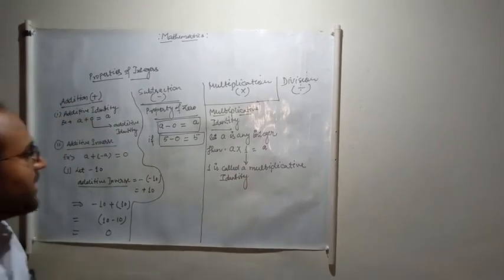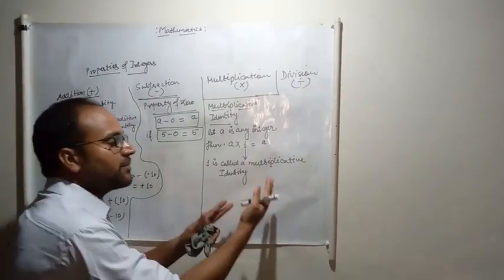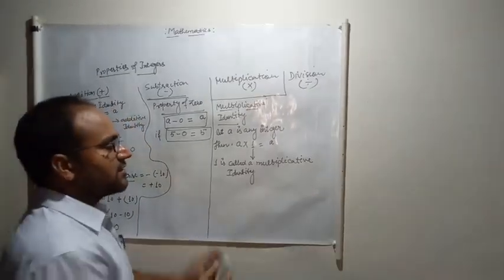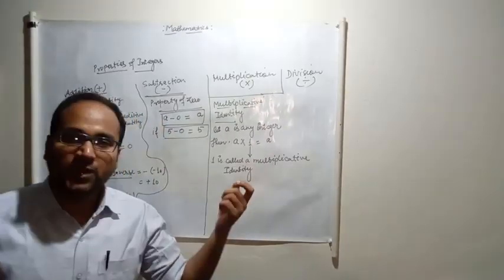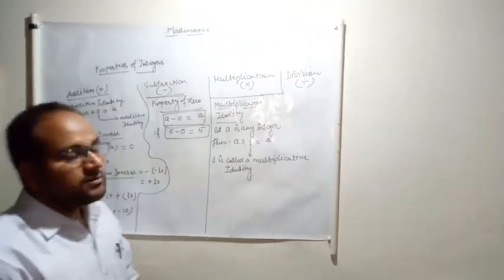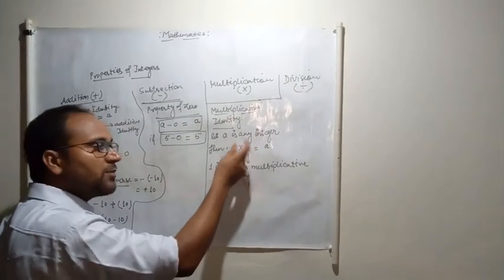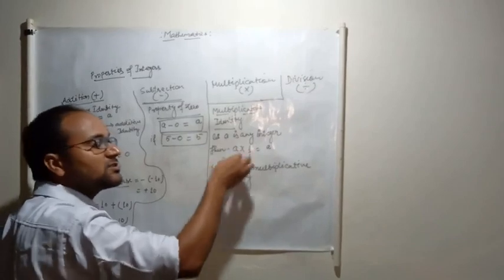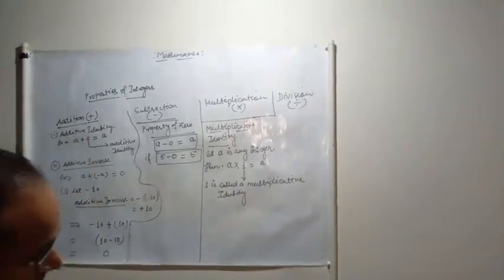What is the multiplicative identity of minus 10? That is also 1. Minus 10 multiplied by 1, you get minus 10. What is the multiplicative identity of 1000? 1000 multiplied by 1, you will get 1000. It means that by multiplying by 1, the integer is not going to change. So that's why it is called the multiplicative identity.